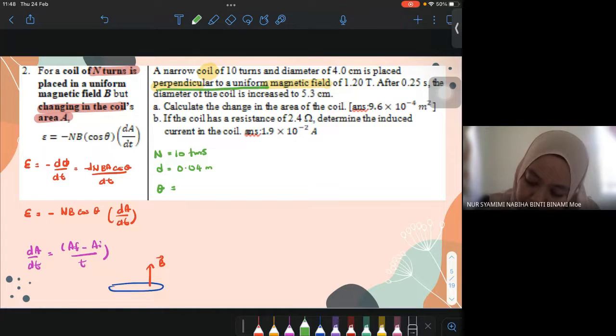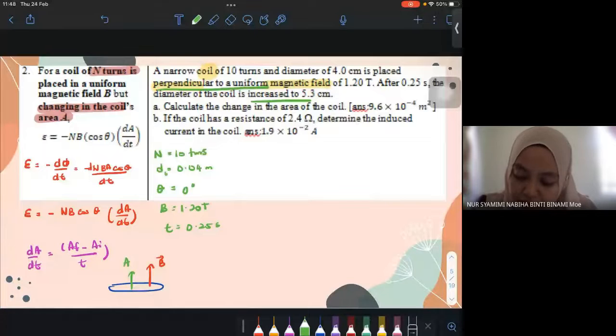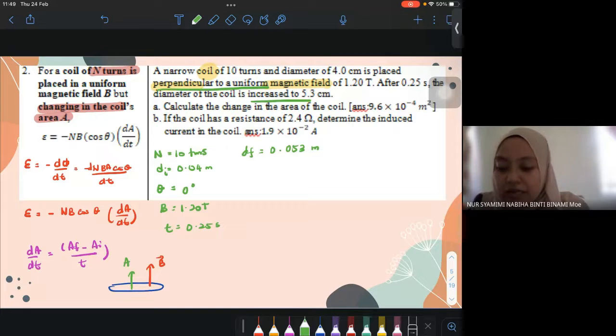Theta is equals to 0 degree and B is equals to 1.0. Okay, given time is 0.25 second. The diameter of the coil is increased. So this is the diameter and the final diameter is equal to 0.053 meter.